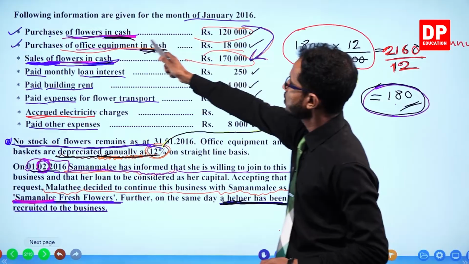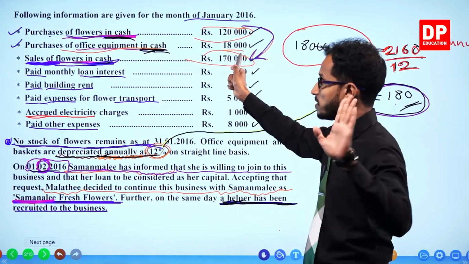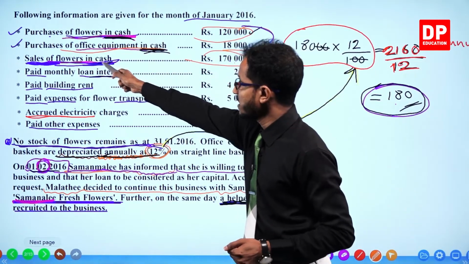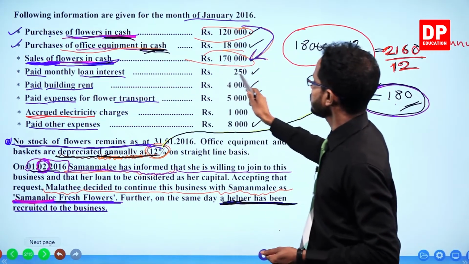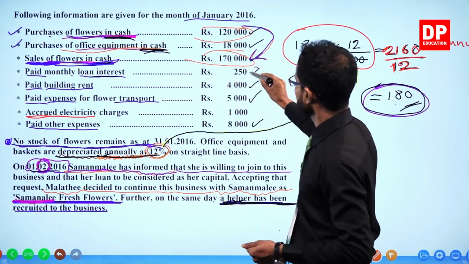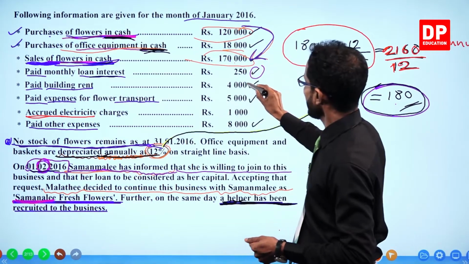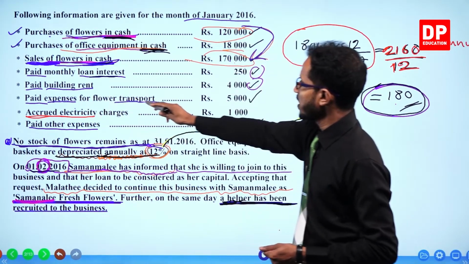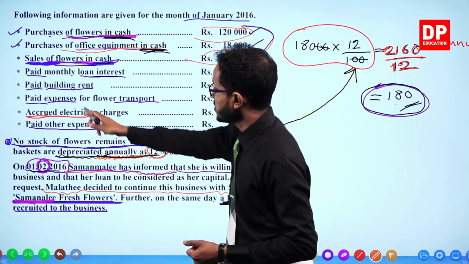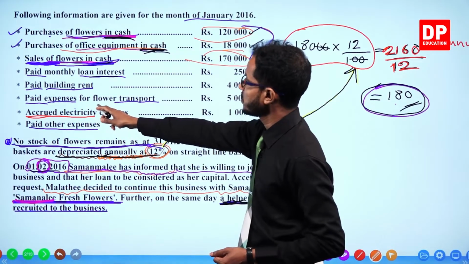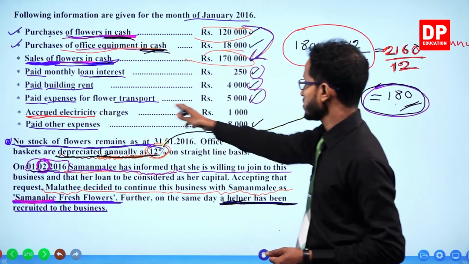Purchases cost we took. Office equipments we don't take. It's a non-current asset. Sales income we took. Monthly loan interest 250. Have to take this. Building rent have to take. Paid expenses for transport must take. This is a carriage inwards, right? Yeah, this is carriage inwards.